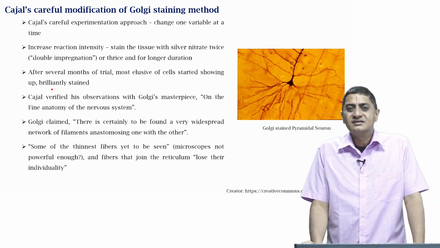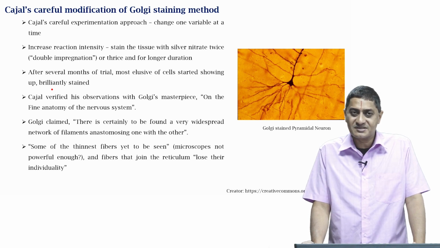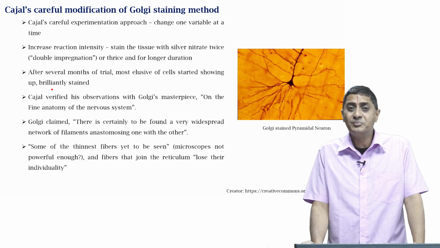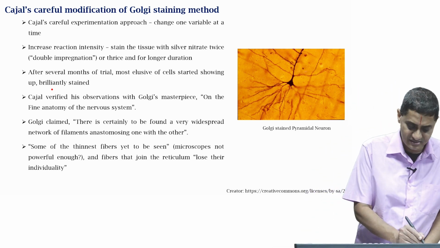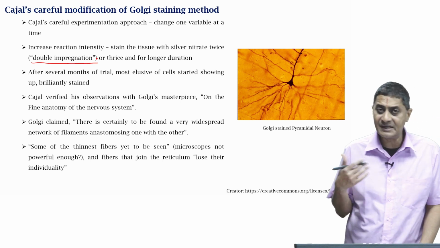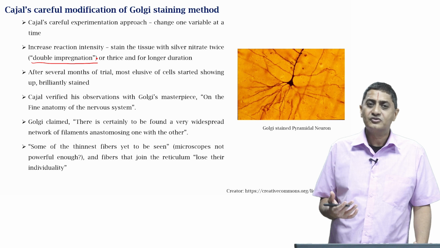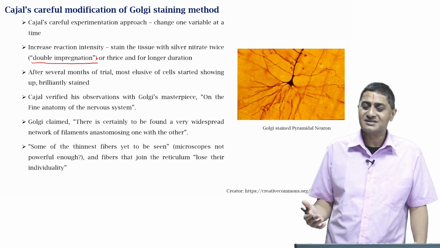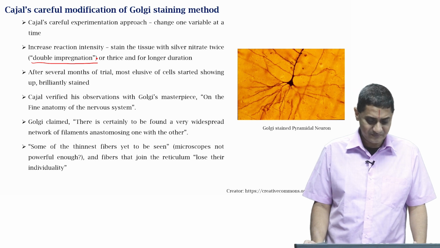Cajal decided that he can increase the reaction intensity by staining the tissue with silver nitrate 2 times or maybe even 3 times and for a longer duration to improve the quality of the stains. This method went on to be called the double impregnation method, meaning that you stain the nervous tissue 2 times or sometimes even 3 times and for longer duration to improve the quality of the stains.